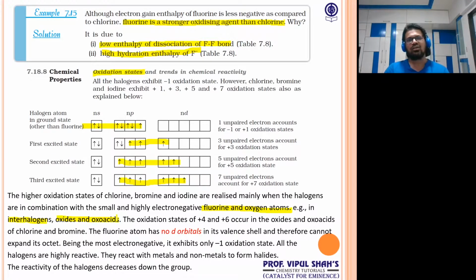We'll be seeing that. So in the oxides also we see the states. Bromine and chlorine also show +4 and +6 oxidation states in some of the compounds. Now, being the most electronegative, fluorine exhibits only the -1 oxidation state. Clear everybody, the oxidation state concept? Okay. One correction: this is only 1 unpaired electron.